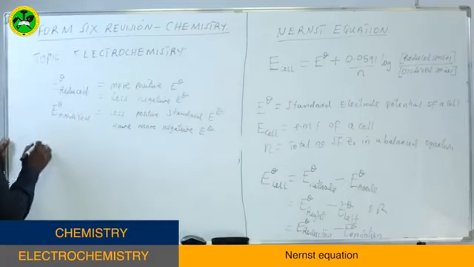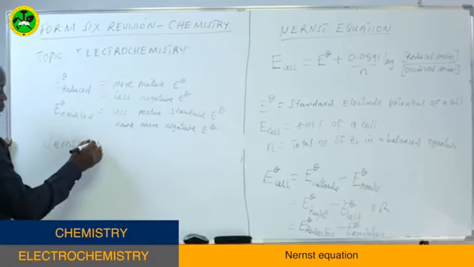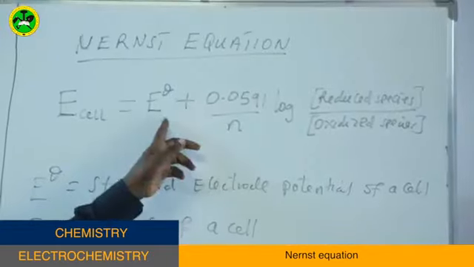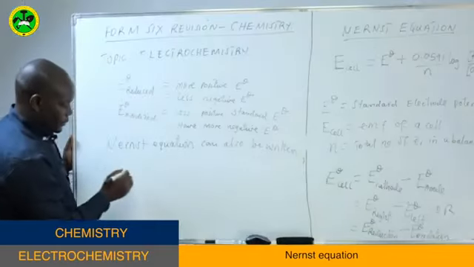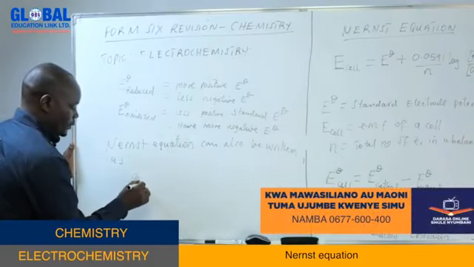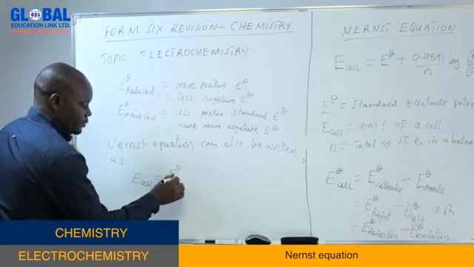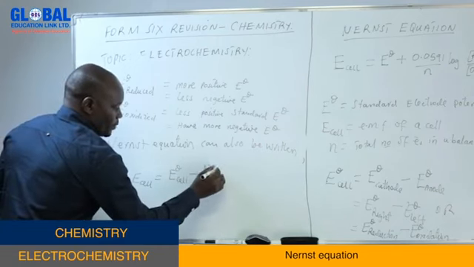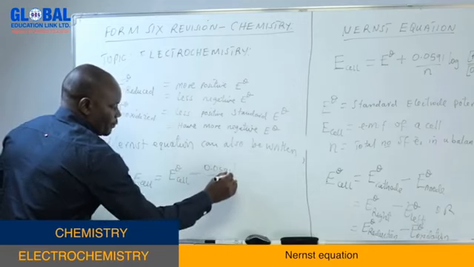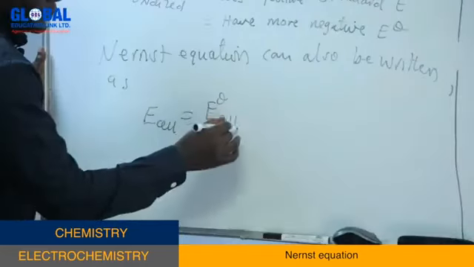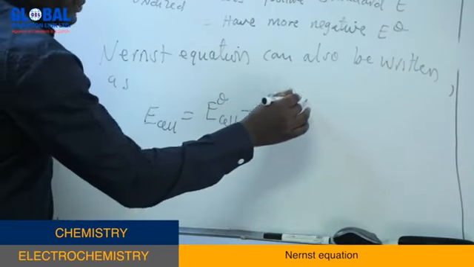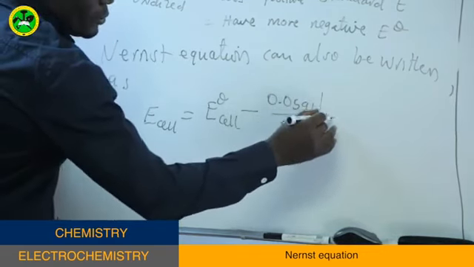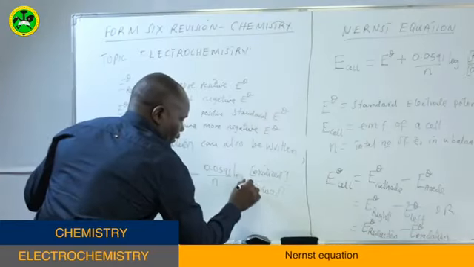So the equation can also be written as: EMF of a cell equals standard electrode potential of the cell, minus 0.0591 over n, log of the concentration of oxidized species over the concentration of reduced species.